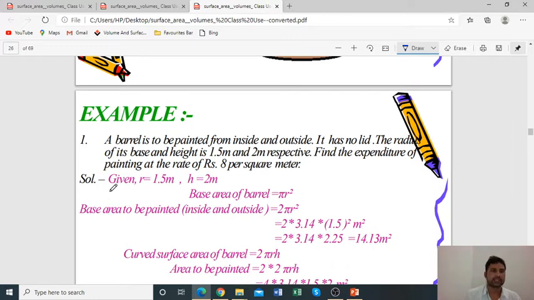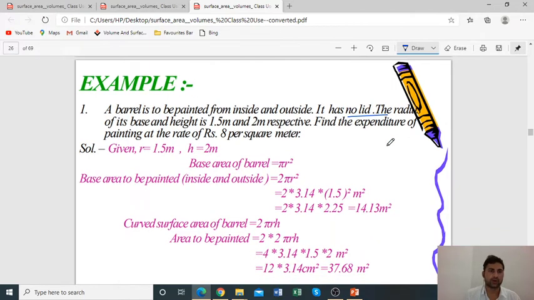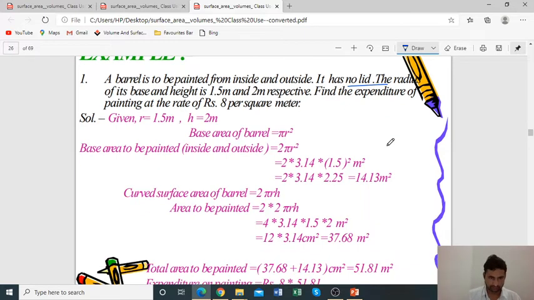Example number 1. A barrel is to be painted from inside and outside. It has no lid. The radius of its base and height are 1.5 meters and 2 meters respectively. Find the expenditure of painting at the rate of 8 rupees per square meter.